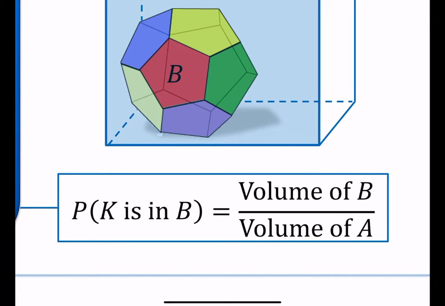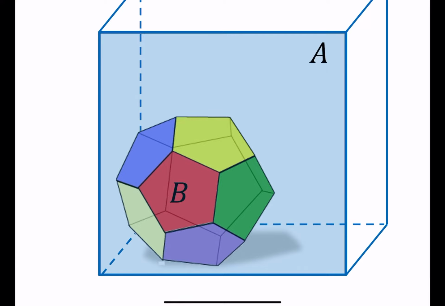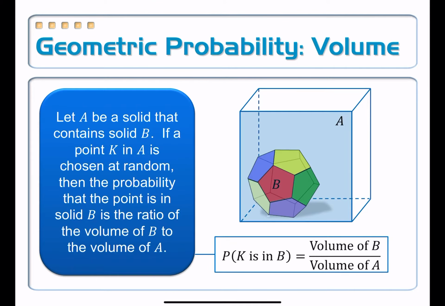Probability that K is in B is the volume of B, that's what we want, over the volume of A, everything that's possible. Remember that it is favorable outcomes over total outcomes.